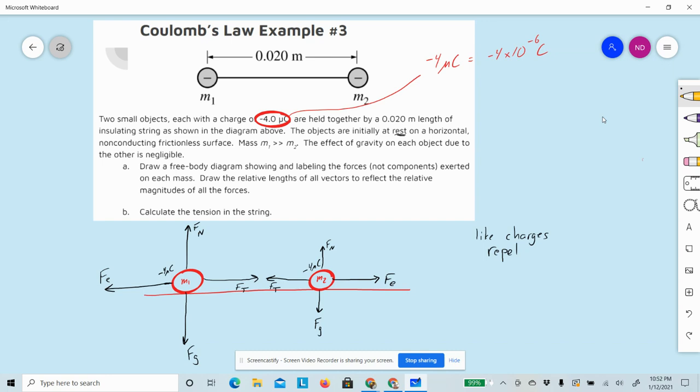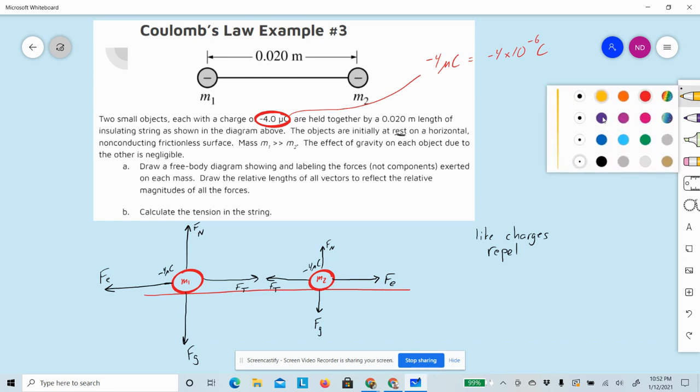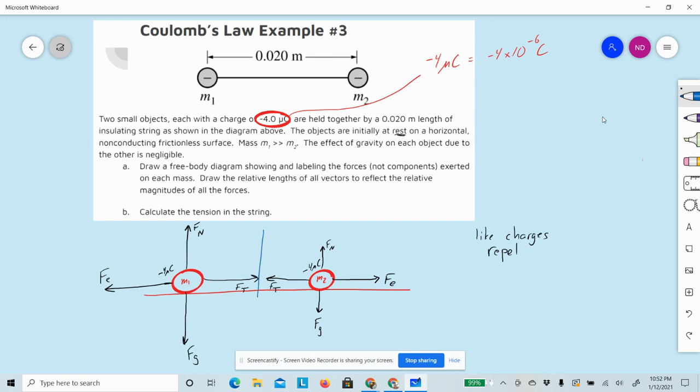Now let's look at the tension in the string. If we were to look at the tension in the string, we could examine any one of these up close and say, well, tension is horizontal. So let's do sum of the forces in the x direction equals m a in the x direction. It's at rest.